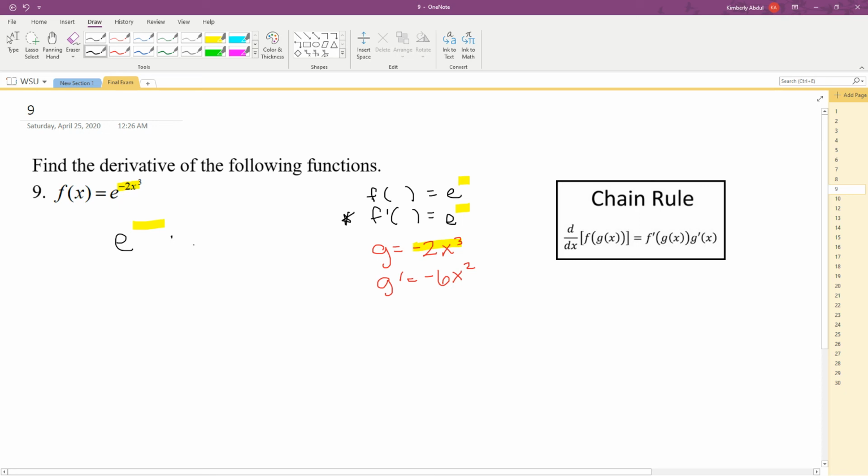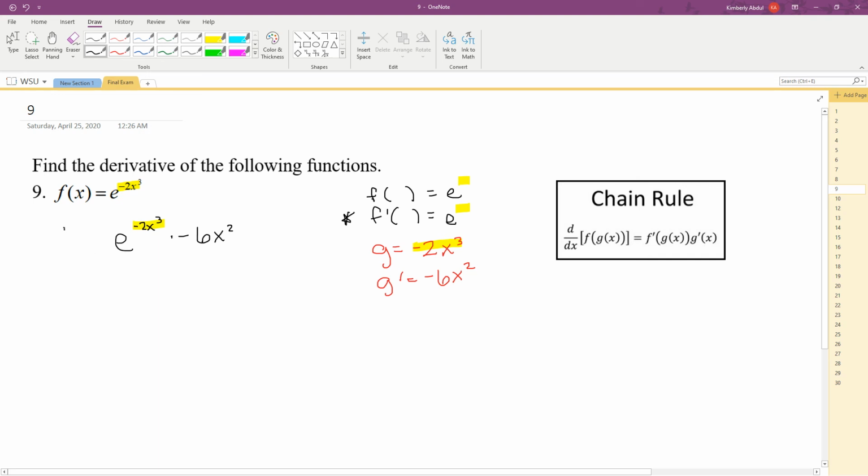So I'm going to multiply it by -6x squared. So it's basically the derivative of the outside function times the derivative of the inside function. And then this portion still stays the same in here. So I'm going to put this back in here.